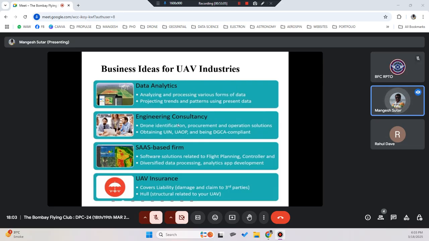Again, engineering consultancy like drone identification, procurement, operation solutions, obtaining UIN and UAOP, and being DGCA compliant. In future, engineering consultancy would require all these things, or maybe software-based solutions related to flight planning, controllers, data processing, analytics, app development, and so on. We never know.